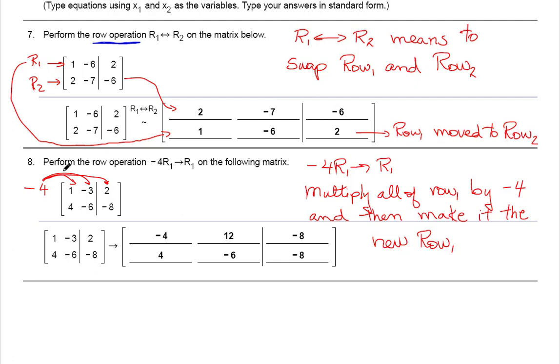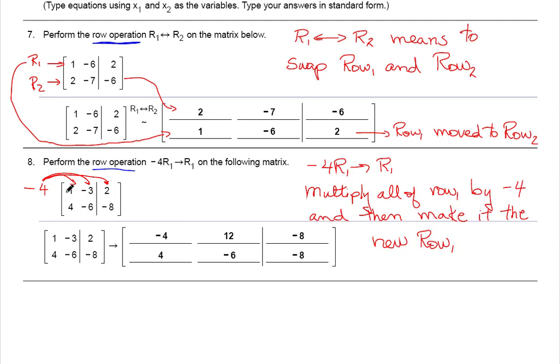All right, in question 8, another row operation. We would like to take minus 4 times row 1 and then make that the new row 1 in our matrix. All I have to do is take minus 4 and multiply it by each and every item in row 1.